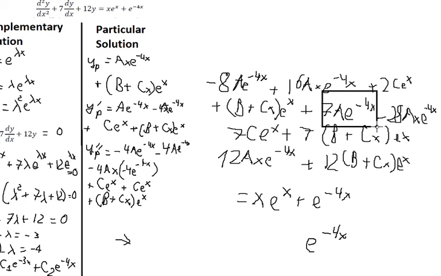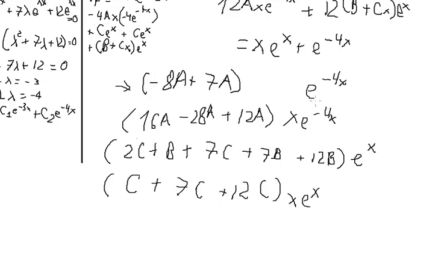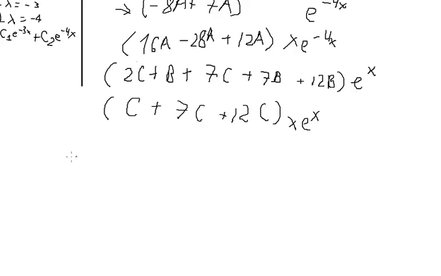So after we arrange based on the terms of e to the power of negative 4s, s e to the power of negative 4s, e to the power of s, and s e to the power of s, we now can create the system of equations.